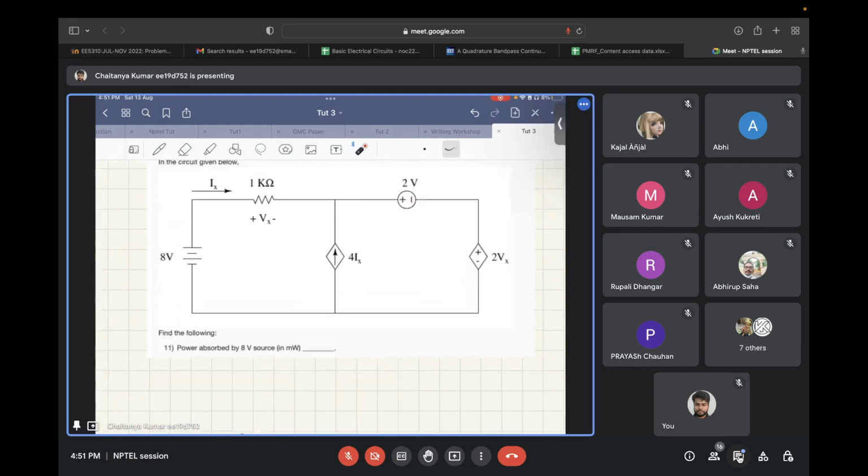Now, in this question you need to find the power absorbed by the 8-volt voltage source, the 8-volt battery, in milliwatts.